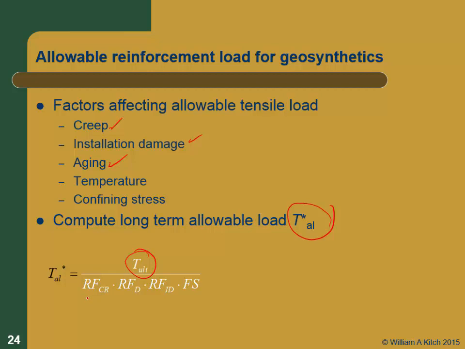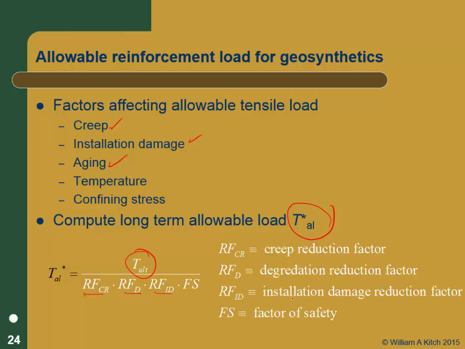So there's a creep factor of safety, there's an installation damage factor of safety, and this one is aging, I want to say. I think I've got these written down someplace. Oh, there they are. Creep reduction factor, degradation factor, installation damage factor, right? Degradation accounts for aging, assuming you have normal temperatures. Let me say it that way.